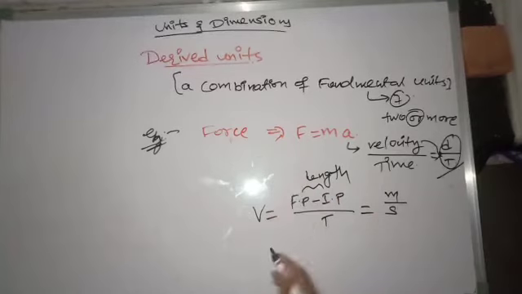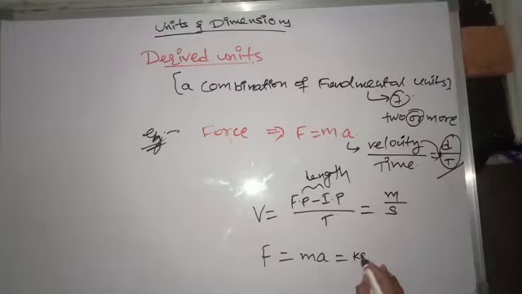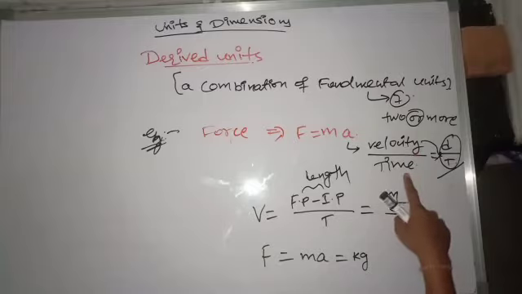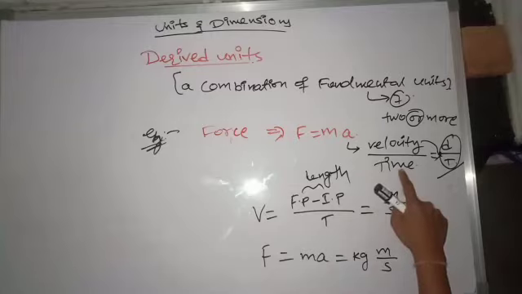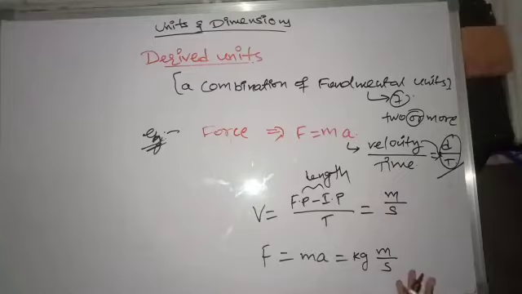Now write the force formula, mass into acceleration. Mass is measured in terms of kilogram. The fundamental unit for mass is kilogram, into acceleration, which is velocity by time. What is velocity? Meter per second. And here one more quantity we have, time, second, into 1 by s.